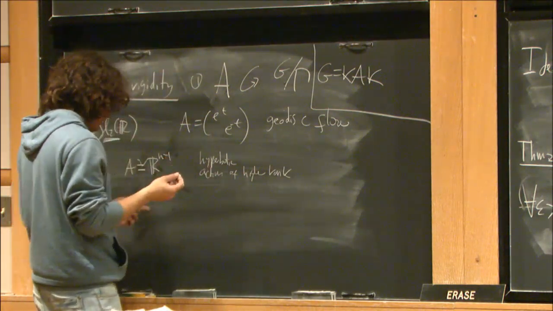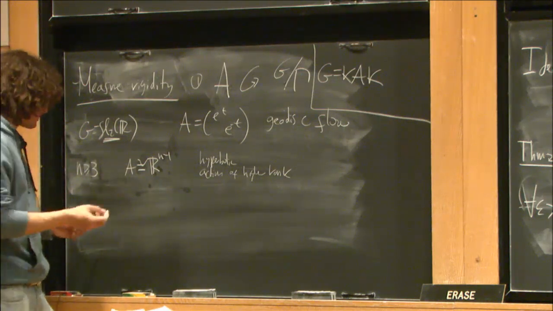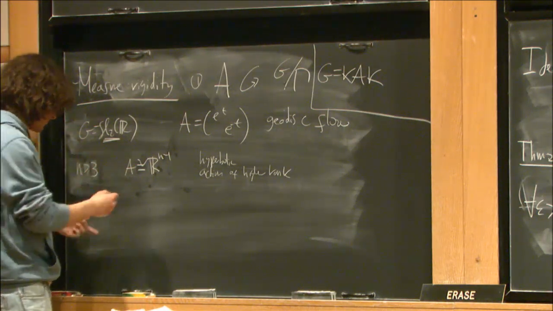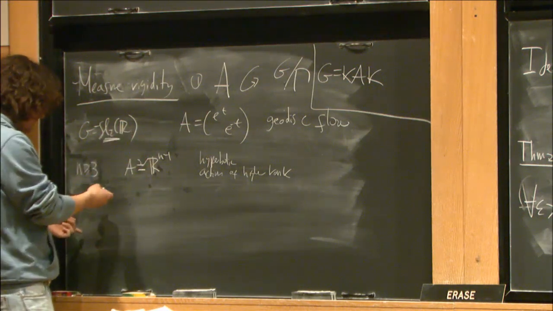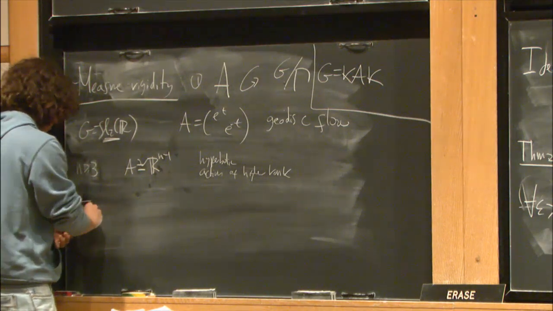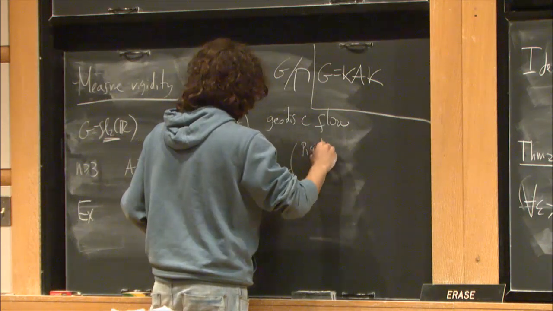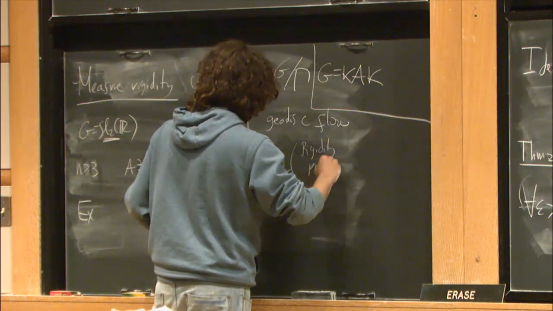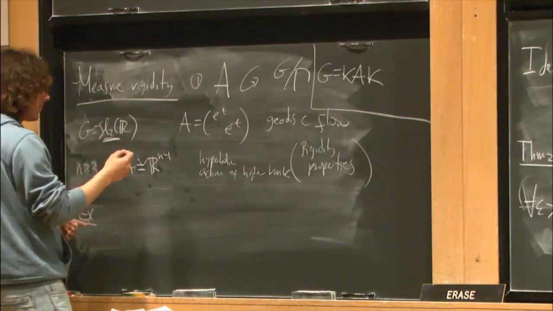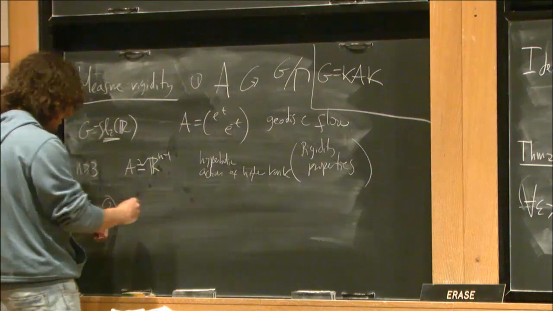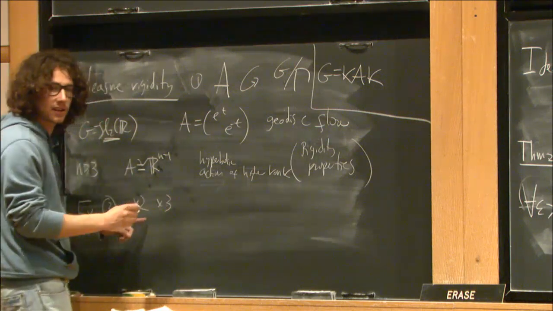And maybe an analogy that helps me to understand this is another example that also has some rigidity properties. I'll state it first with another example: the action of multiplication by 2 and multiplication by 3 on the circle.